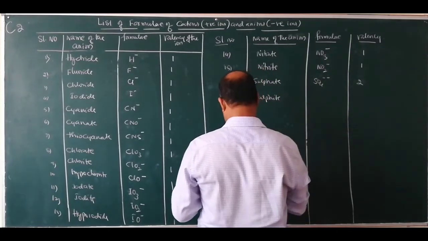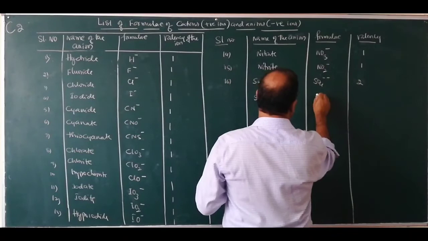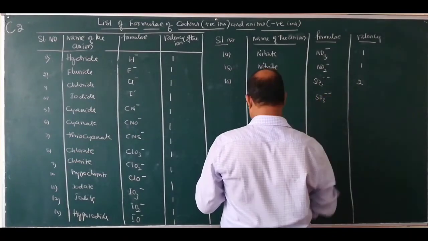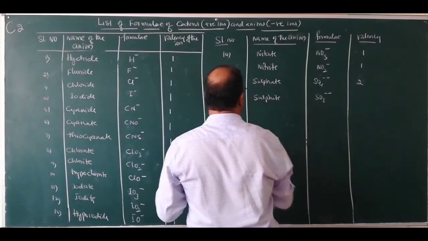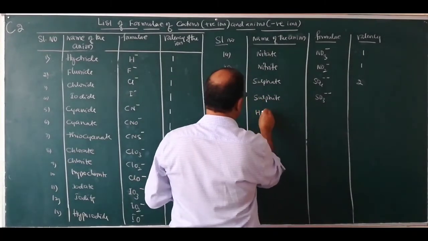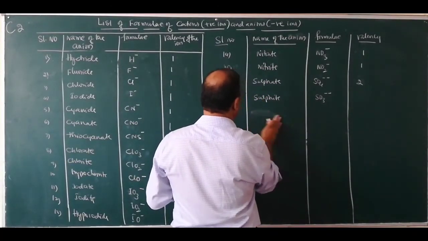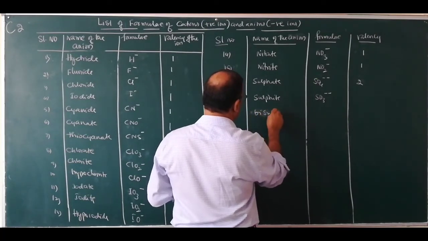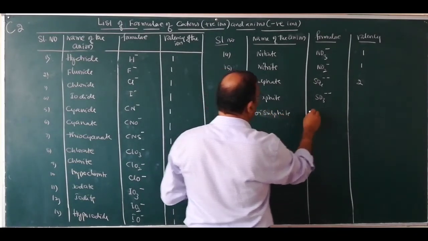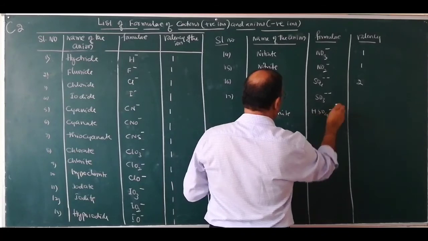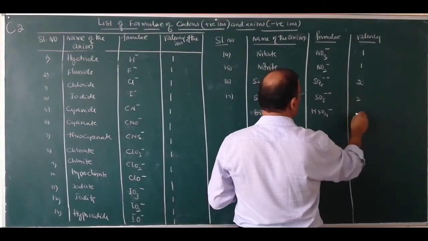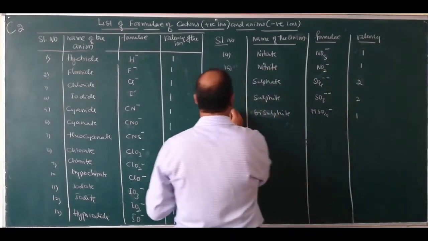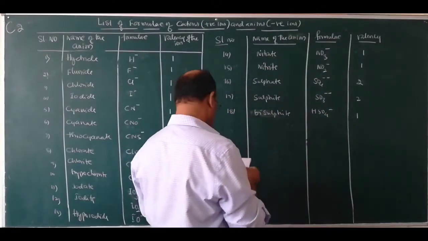Sulfite, SO3 2 minus, and bisulfate, HSO4 minus. This one has valency 2, and this valency is 1.